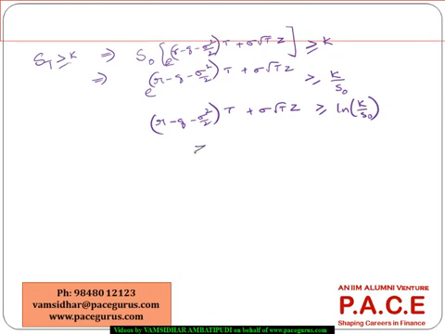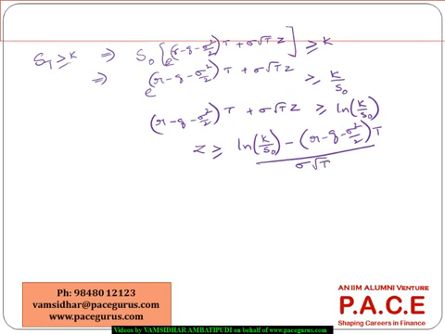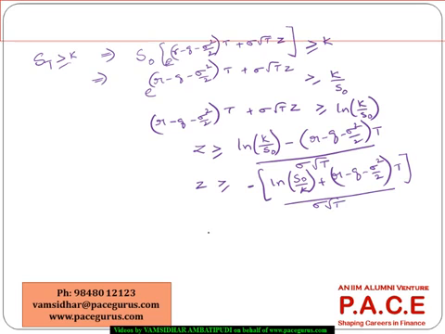Now from here I am establishing for Z: Z is greater than or equal to log K by S naught minus (r minus q minus sigma squared by 2) times T, divided by sigma root T. The other way I can write it, taking the minus out: log S naught by K plus (r minus q minus sigma squared by 2) times T divided by sigma root T, which is actually becoming Z greater than or equal to minus d2.